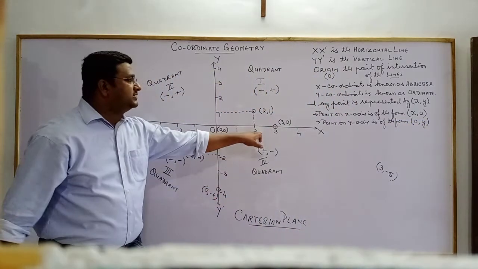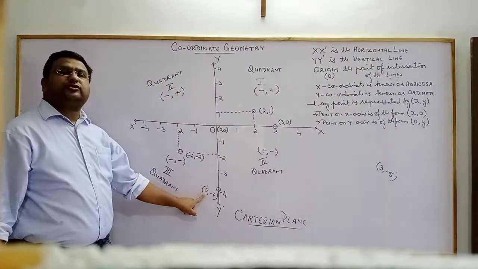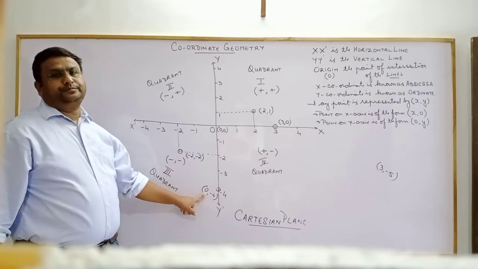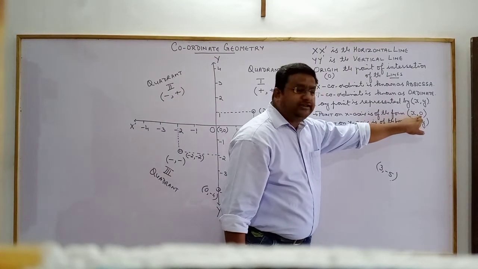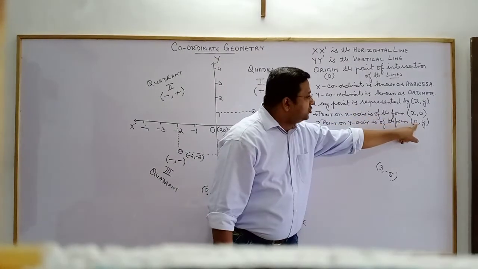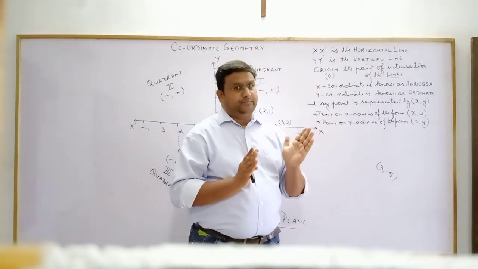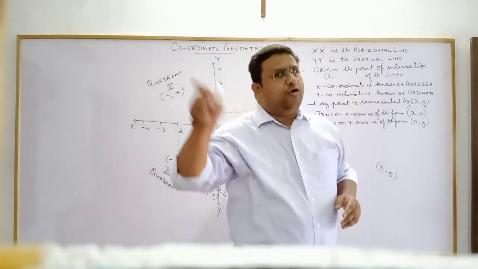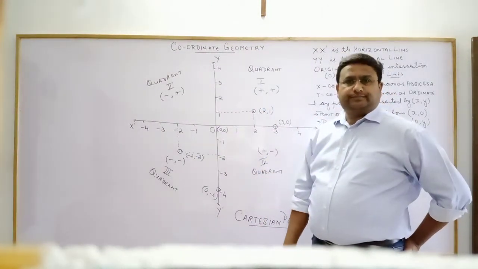On x axis y coordinate is 0, on y axis x coordinate is 0. So if the y coordinate of a point is 0, it lies on which axis? X axis. If the x coordinate is 0, it lies on y axis. It is vice versa.